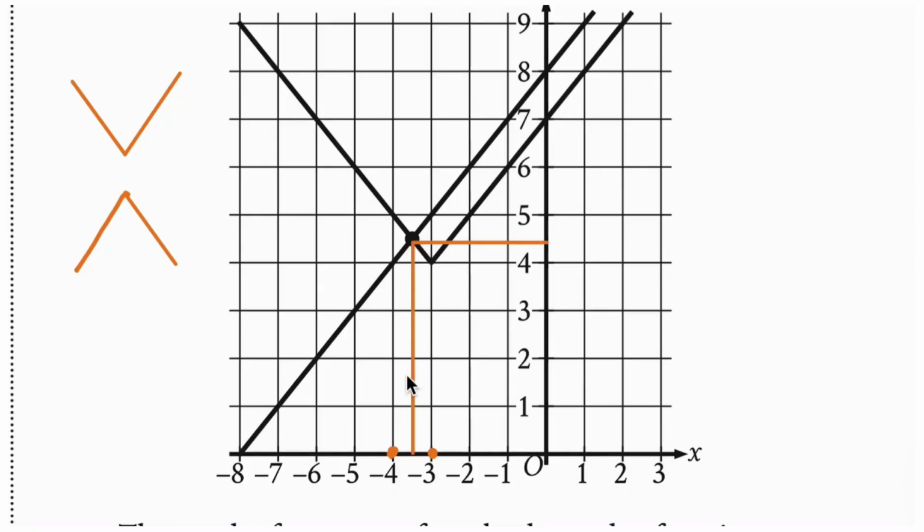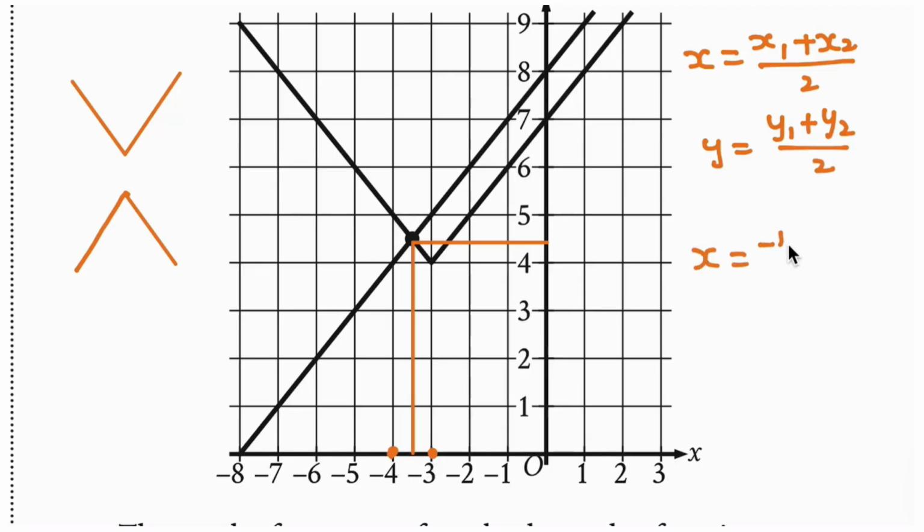But here what is being checked? Whether you know the midpoint formula or not. The midpoint formula is: to find the x coordinate, it is (x1 plus x2) over 2, and the y coordinate is (y1 plus y2) over 2. So it is between -3 and -4.